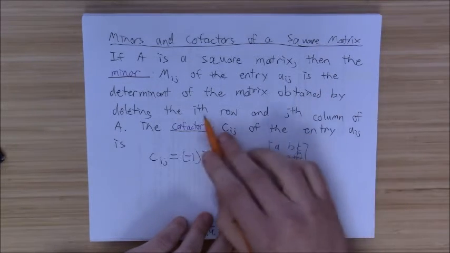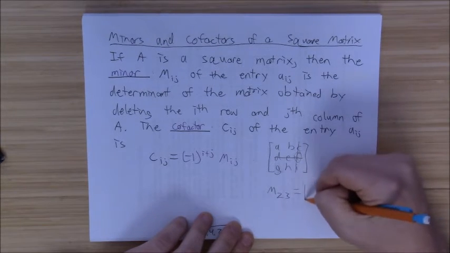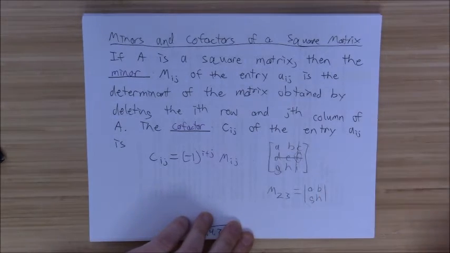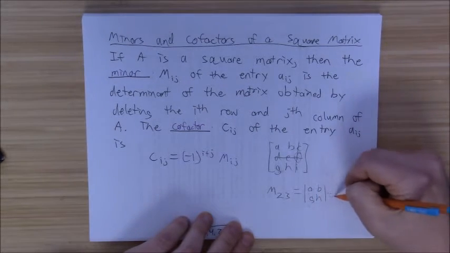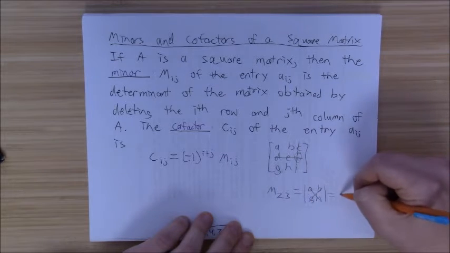So I delete the ith row and jth column, and I'm just finding the determinant of A, B, G, H. This is a 2x2 determinant, so it's going to be AH minus BG.